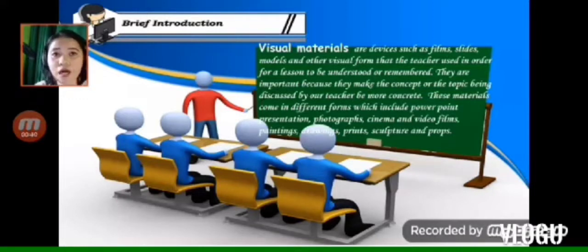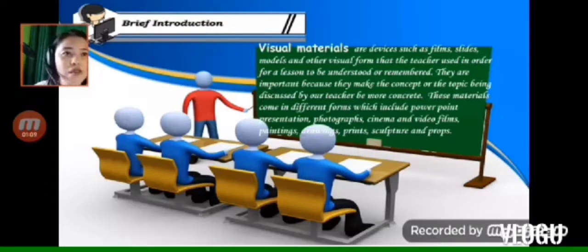So, your teachers are using some devices for you to be able to understand the lessons easily. We sometimes use the PowerPoint presentation, different slides, and then sometimes we make films or models or realia.